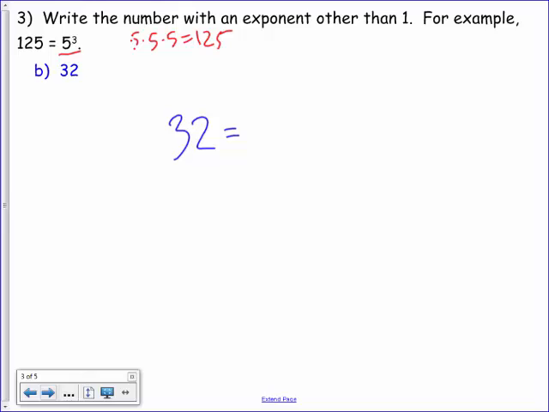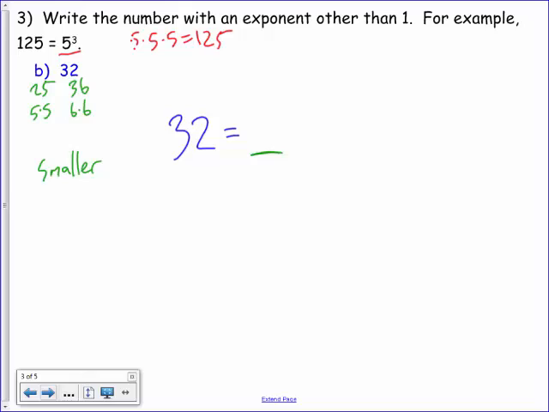So I try to think of what number multiplies by itself that's really close to 32? Well, 5 times 5 is 25, and 6 times 6 is 36. Those are really close, but they're not 32. So for my base number, that factor, it has to be a number smaller than 6.